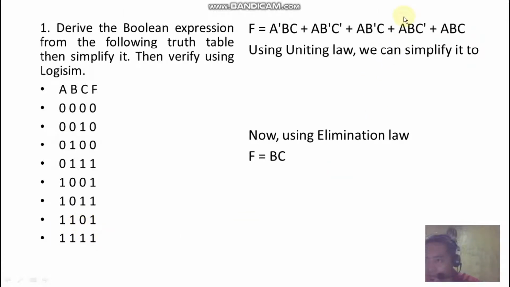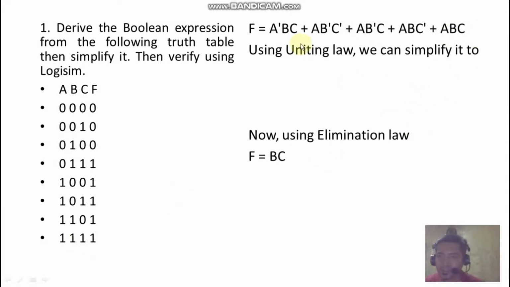Okay? So, 1, 1, 0. 1, 1, 0 complement mo maging 1. So, 1 and 1 and 1, 1. Next. So, tatlong 1. Obvious na lahat to 1.